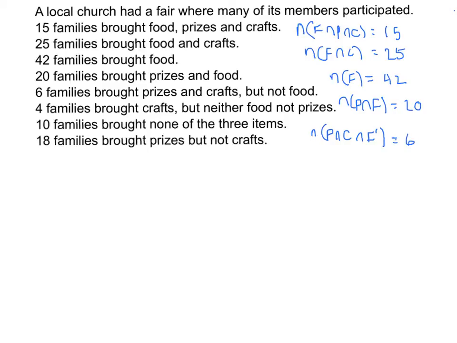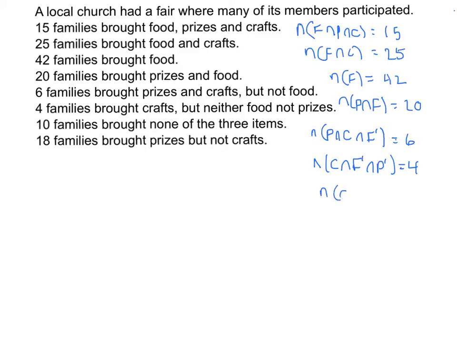Next, we have 4 families brought crafts. So we have N of C, but neither food nor prizes, which means that we've got intersect F prime and intersect P prime as well, and that's 4. Next, 10 families brought none of these 3 items.